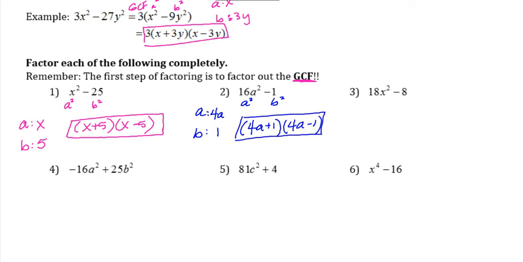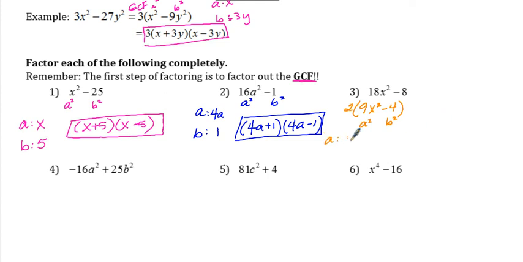Number 3, start out by looking for a greatest common factor. There is one in this case. It's 2. So leave behind 9x squared minus 4. Now I'm looking in here, and I'm seeing that this is something perfectly squared and this is something perfectly squared. So we can use our template. So this is a squared and this is b squared.